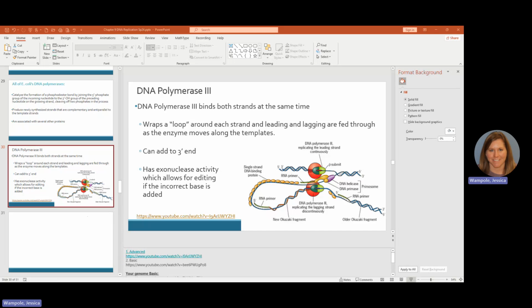So it's not that it's any slower, really. It's that it just kind of gets hindered by waiting on that leading strand. So the actual speed of replication is the same no matter what strand you're on, but the lagging strand is always a little bit behind because it's sort of waiting for replication to happen.